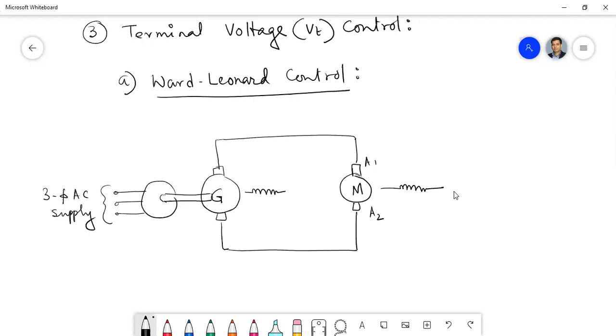And the fields of both this motor and generator will have separate control.